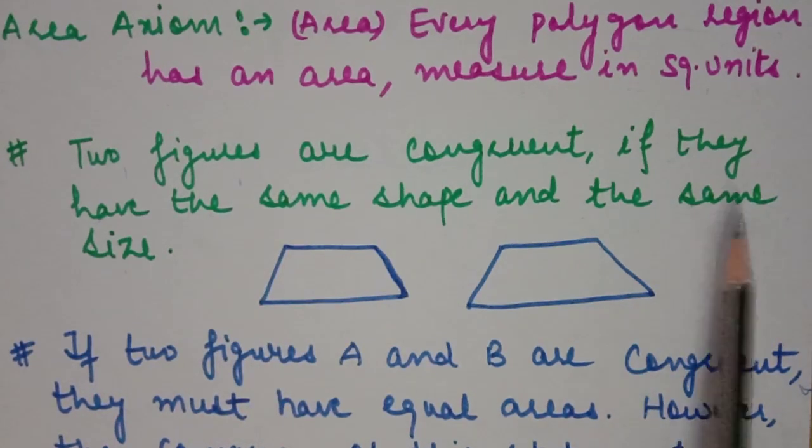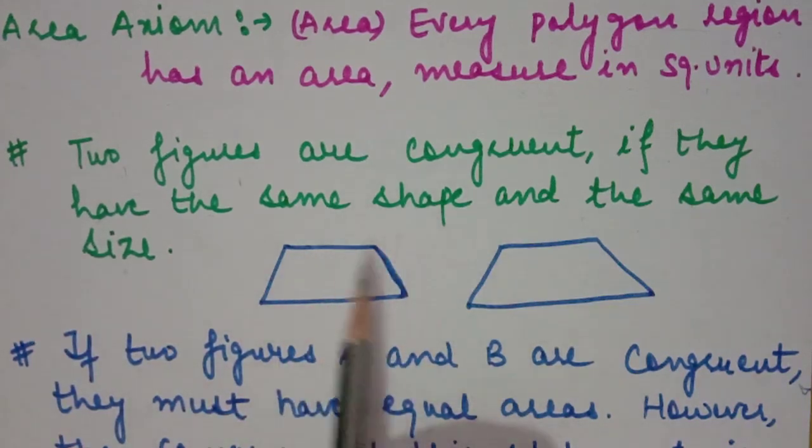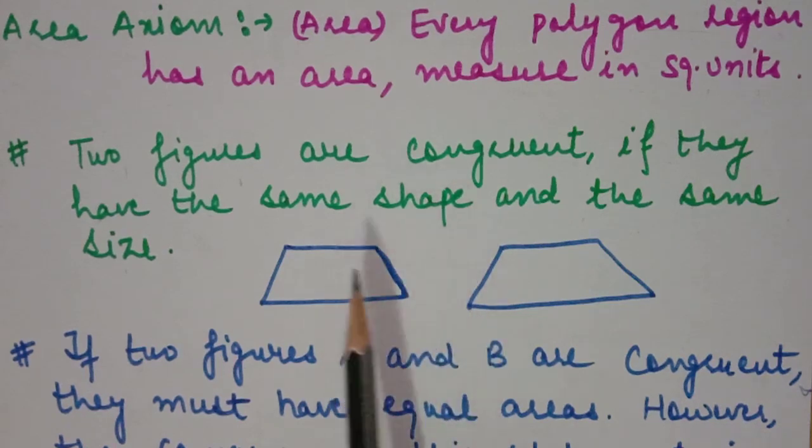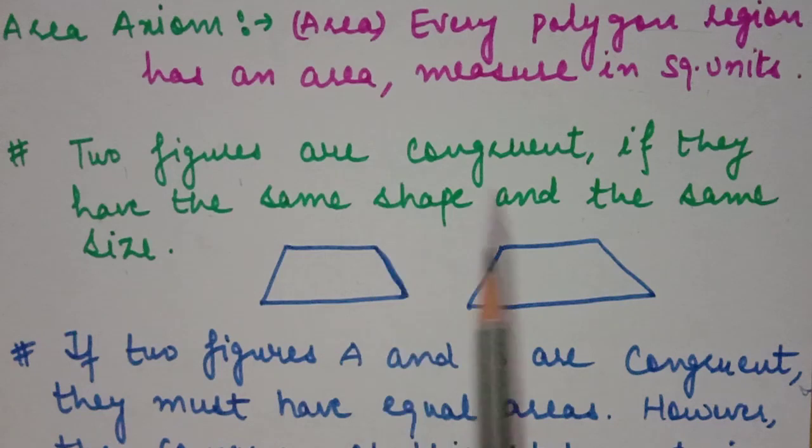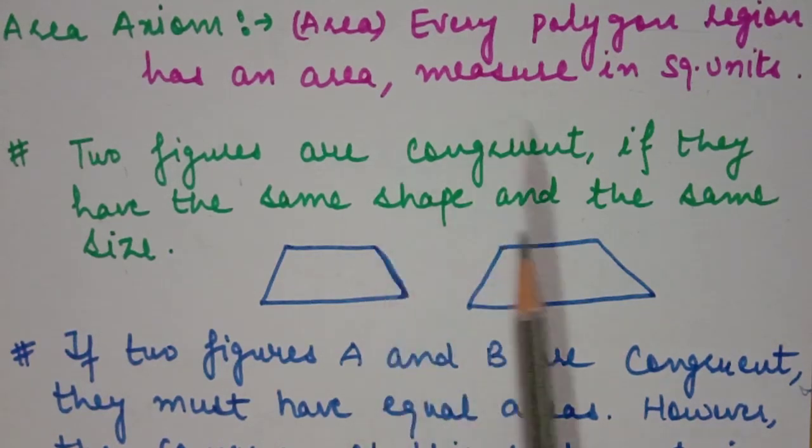They have to be the same in size also. When we compare two diagrams, if they are congruent, it means they completely overlap with each other. One vertex is covered by the first vertex of the other figure, and the second vertex of both diagrams should overlap with each other. So we call them congruent figures, meaning they have the same shape as well as the same size.